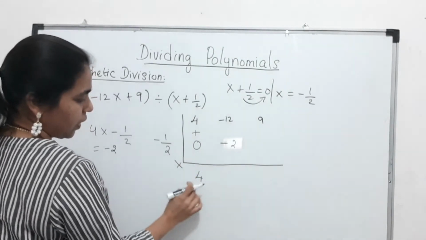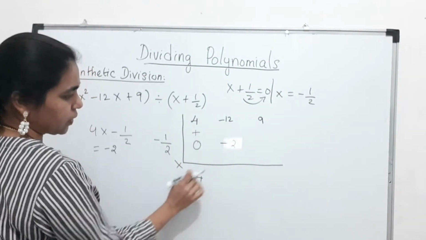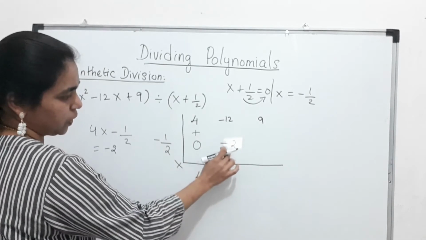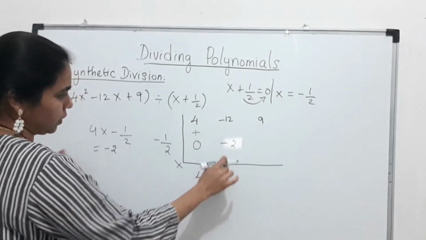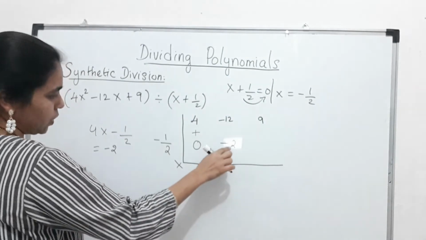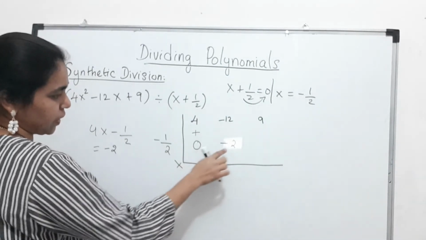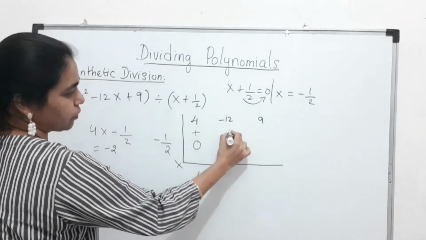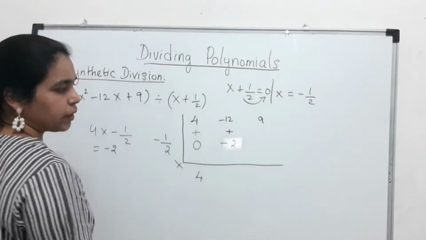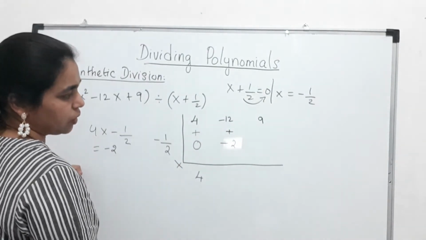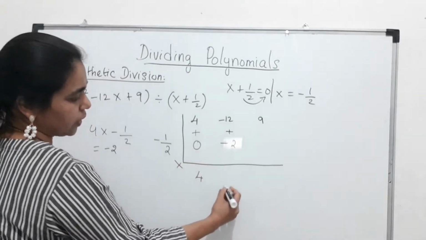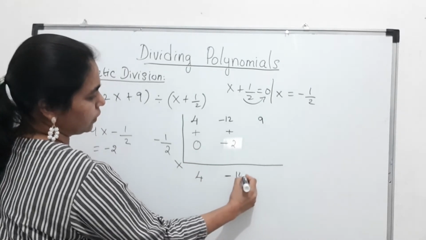So you have to write the answer of this product. This product of these two numbers must be given here. Okay, so you have to write it in this place. So 4 times minus half is minus 2. Now you have to add these two. Both of them are having a negative sign, so you add and put the negative sign, which is negative 14.